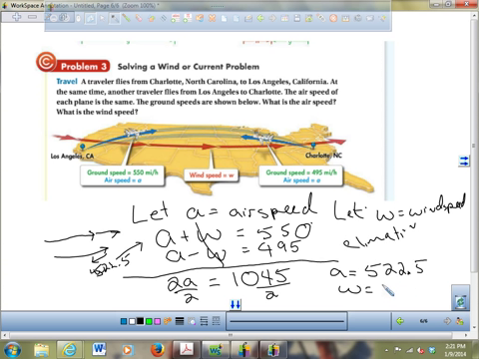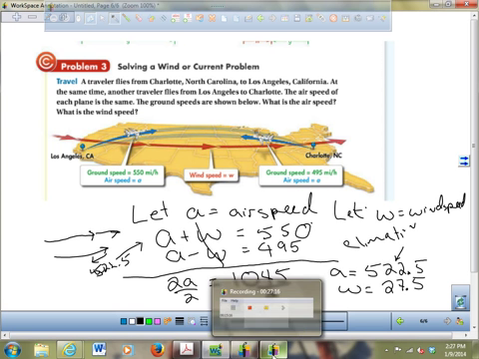What's that? 22.5? 27.5, isn't it? I think it's 27.5. Okay, so that's how you do that type of problem. What is the airspeed? It's 522.5, so in still air, that's how fast the plane would be going. The wind is 27.5, and that's the way you do it.